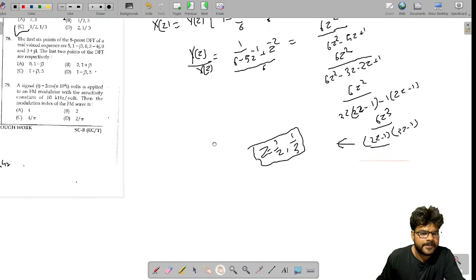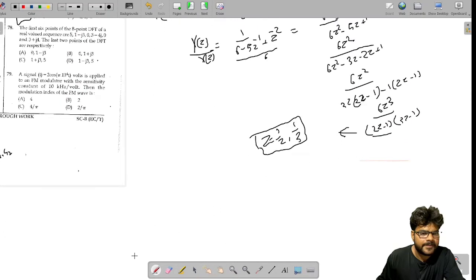So the question is 78. Question number 78 is, first 6 points of an 8 point DFT. So the number of points is 8, of a real valued sequence. So we are given that the sequence is real, so we can apply the property x of n minus k conjugate equals x of k. Okay, so we are given the first 6 points of the 8 point DFT of a real valued sequence are 5.